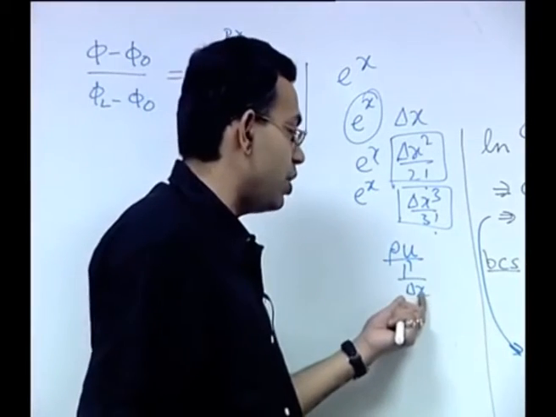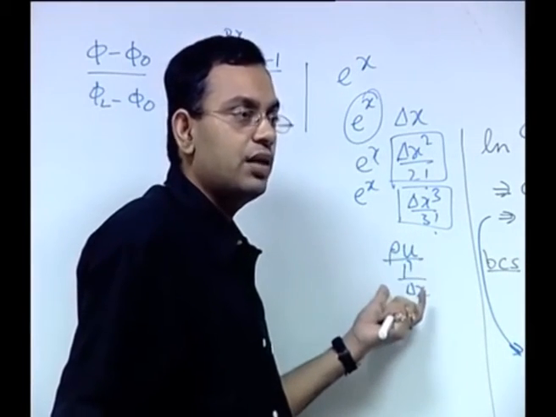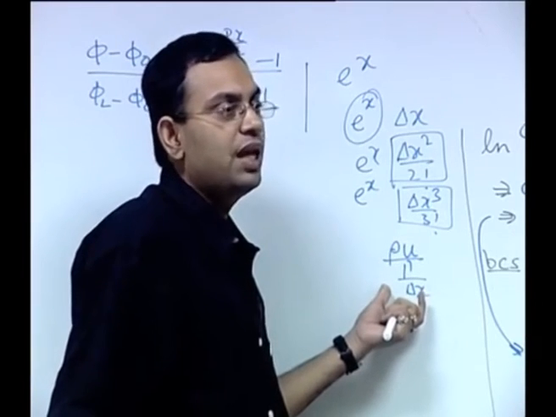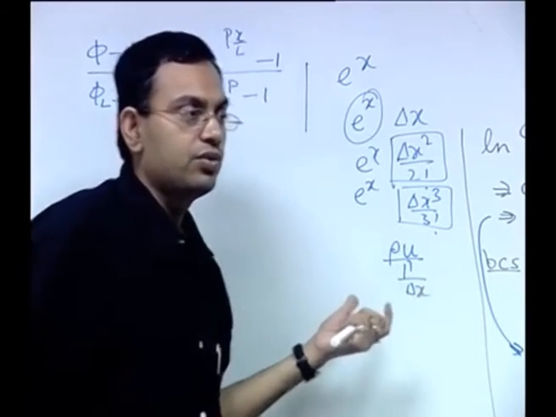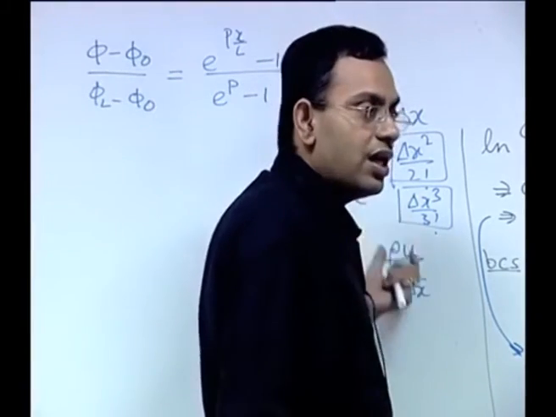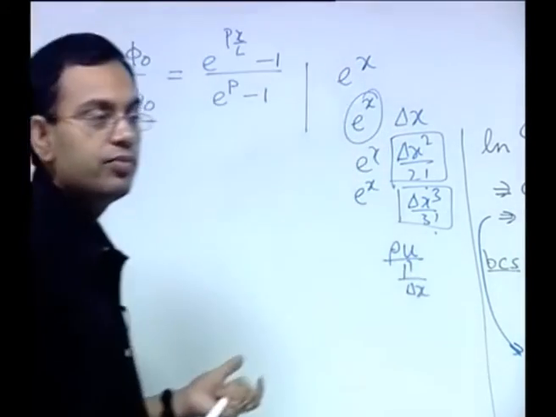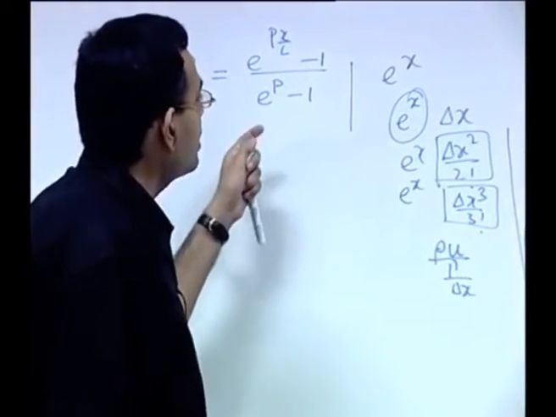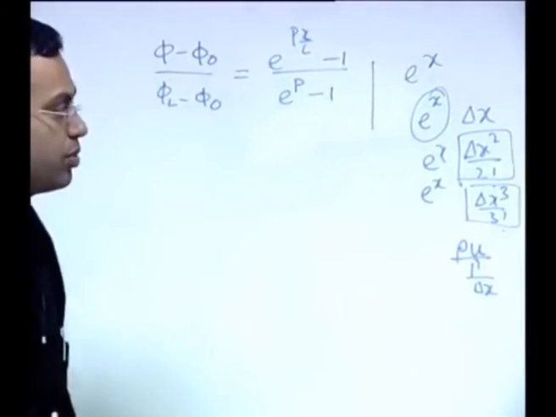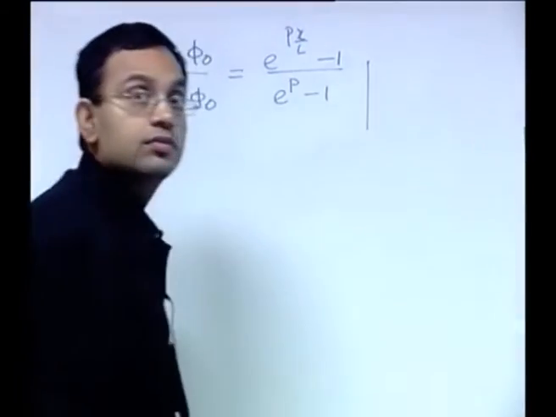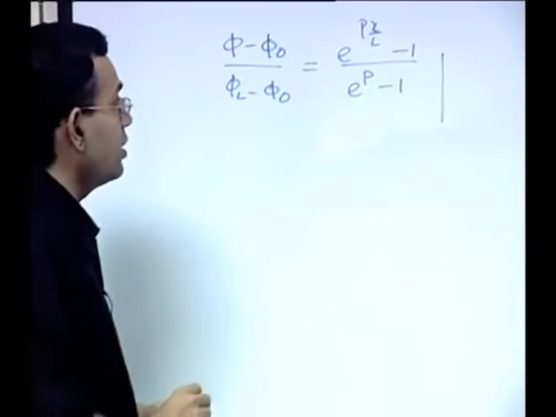So, if delta x is small, then only the cell Peclet number is small, and we have seen that it should be less than or equal to 2 in magnitude, so that you can successfully employ the central differencing scheme without any physical inconsistency. We will look into that in much more detail by considering this as a standard profile. So, let us try to make a plot of this profile.